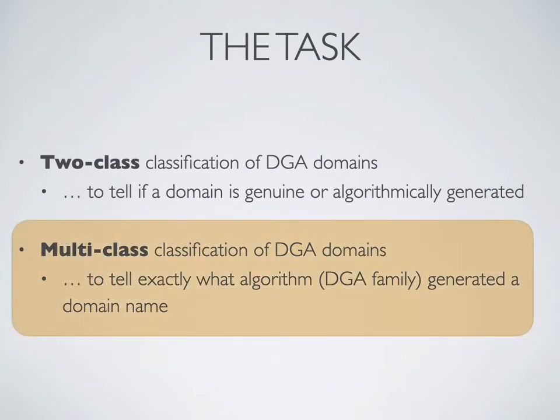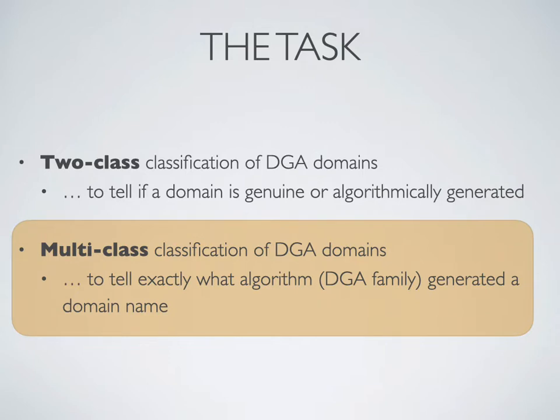There are two relevant machine learning tasks in this context: a two-class classification problem to tell if a domain is genuine or algorithmically generated from some DGA, and then a multi-class classification problem, which is about telling exactly what algorithm generated a given domain, what DGA family.